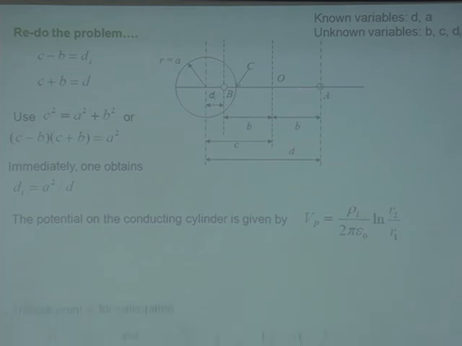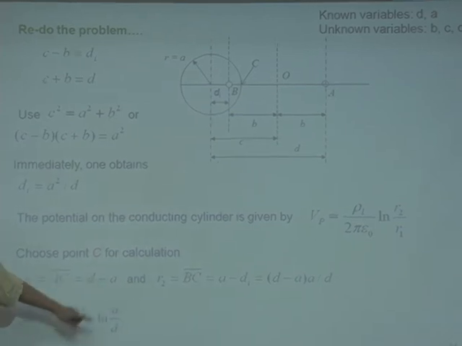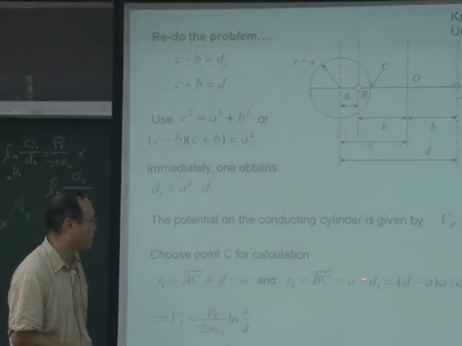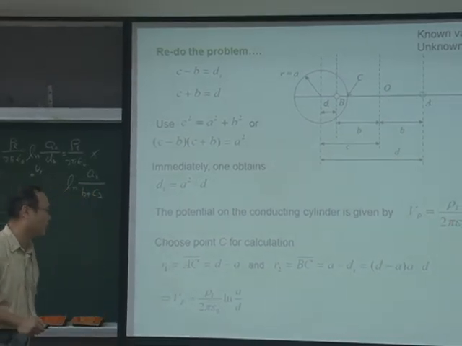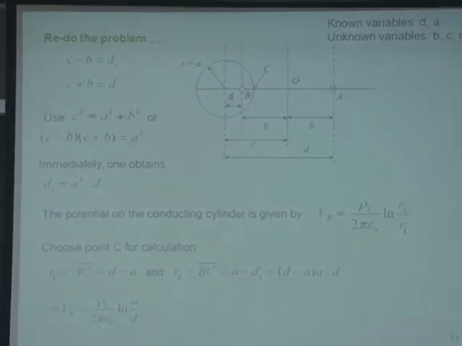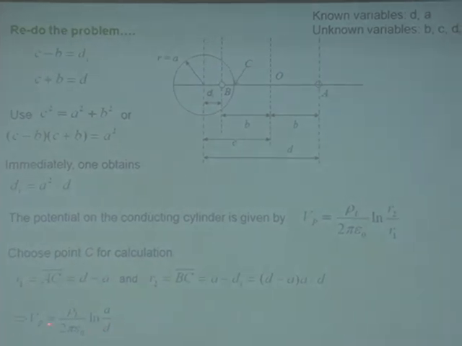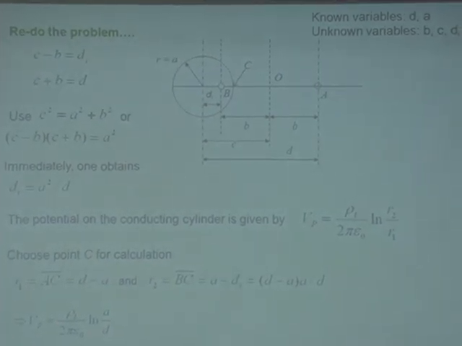So you have R1 and R2. Okay, for R1, D 减掉 A. For R2, it is A minus Di, but you have a solution for Di right here. So you can calculate the value of this, and it will turn out to be this value, just the same as the equation we wrote down for this example.